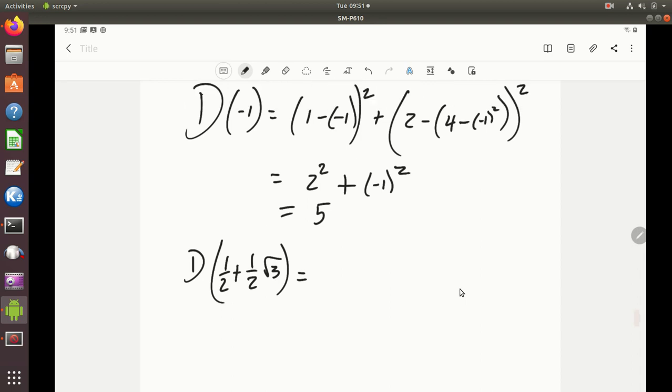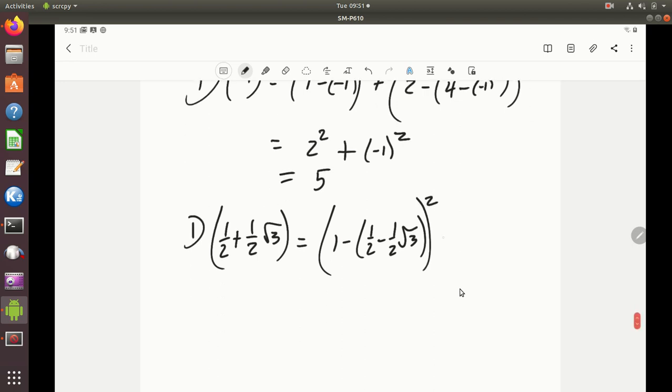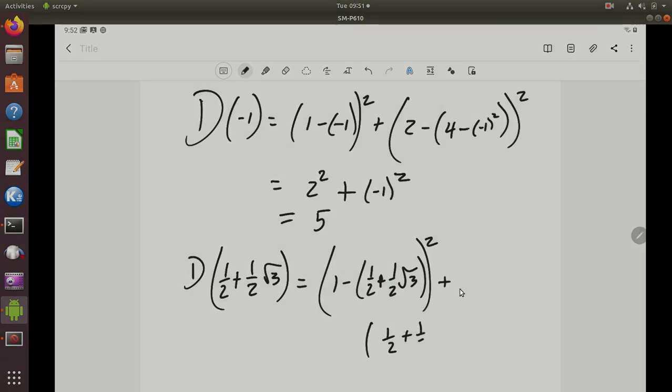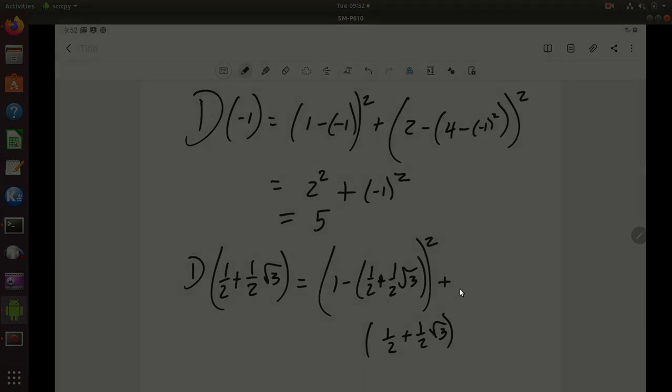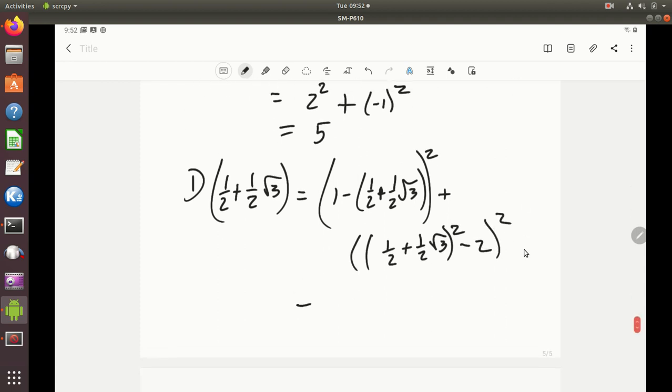You know, that looks terrible to have to deal with, right? 1 minus 1/2 minus 1/2 square root of 3 squared, and then plus, and again, this is just x squared minus 2, so I'm going to write it that way. 1/2, oops, I put up minus, that should be a plus. 1/2 plus 1/2 square root of 3 squared minus 2 all squared.